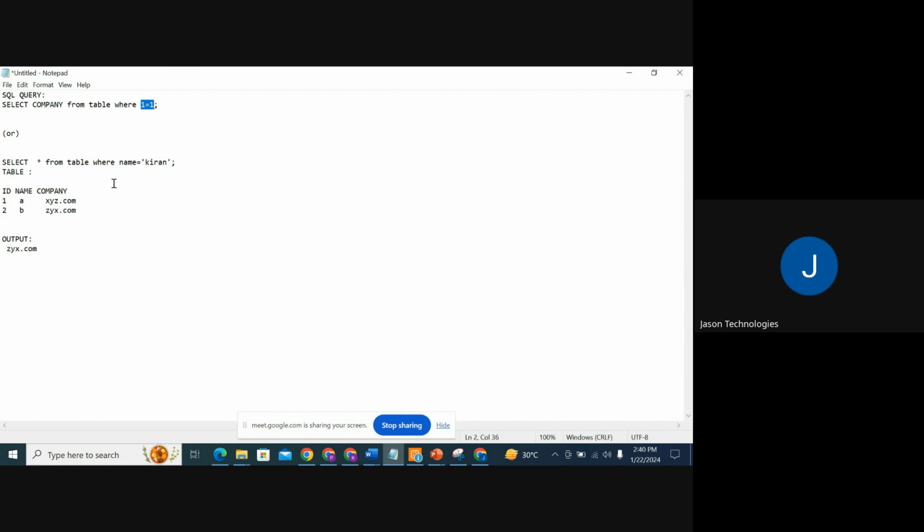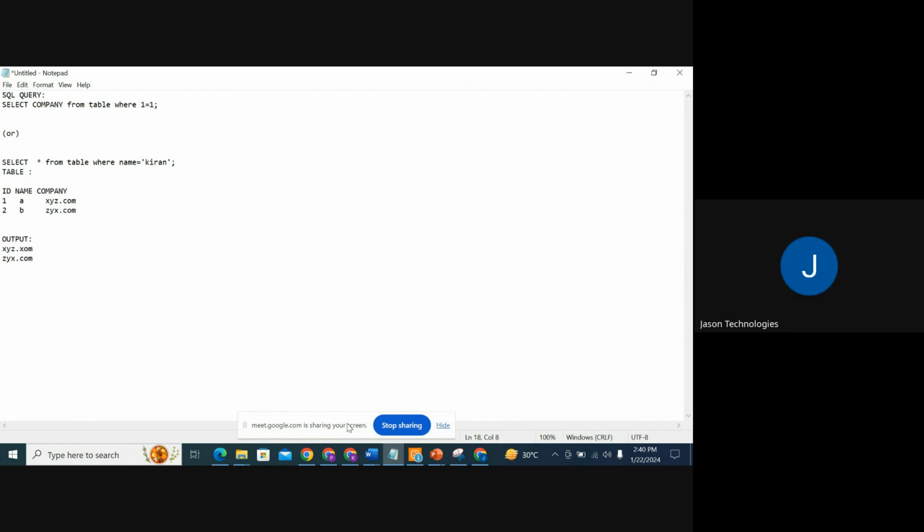Did you get this point? Yes. So if we provide 1 equals 1, it retrieves both companies' names, xyz.com and zyx.com.